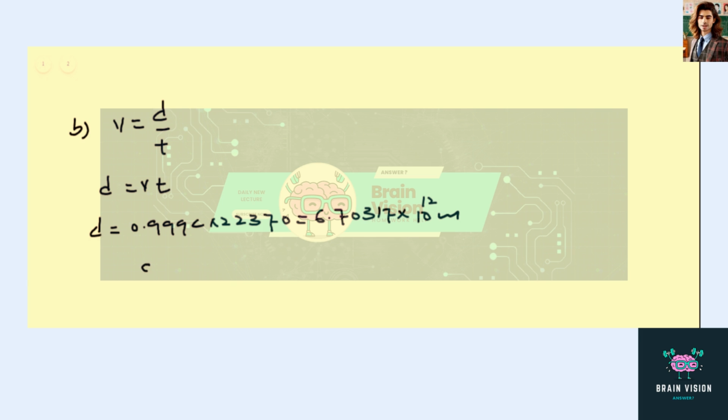Here c is equal to 3 multiplied by 10 to the power 8 meters per second.